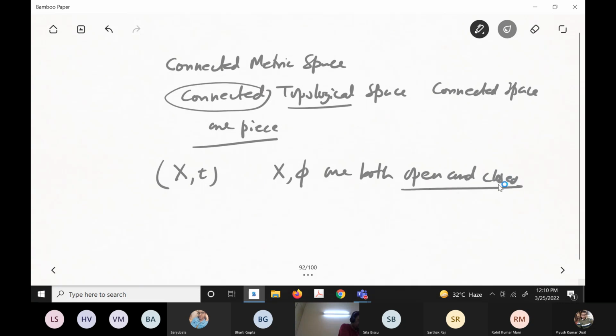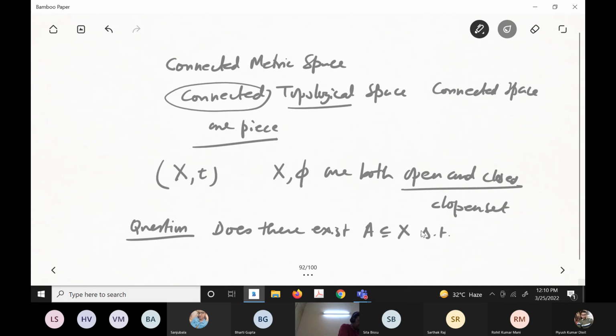When you have both open and closed, that is also called a clopen, or closed-open, set. Okay, the question is: does there exist a subset of X that is neither empty nor the whole thing but is closed-open?